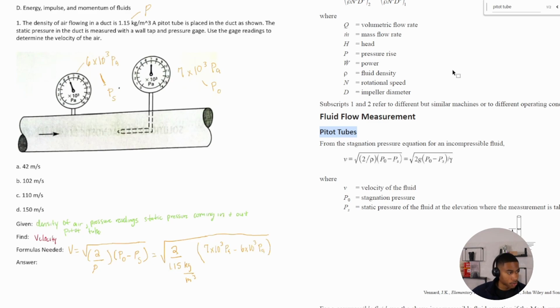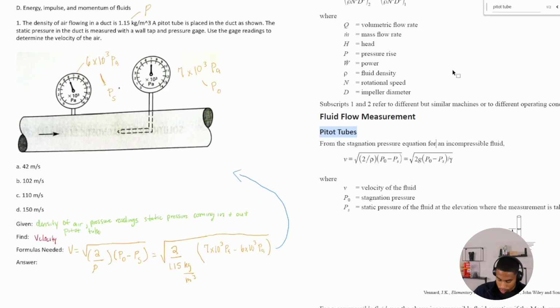So we have to note that our units don't match. Once we bring this over, I'll just bring this up here. It's going to transfer everything that we're doing up here.